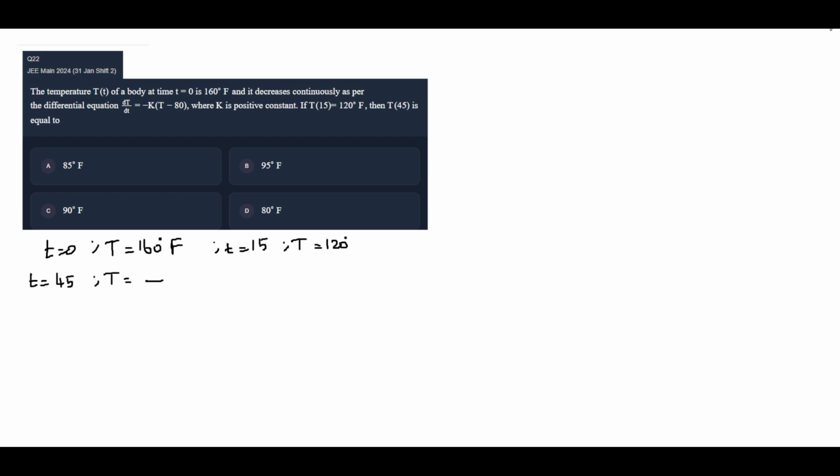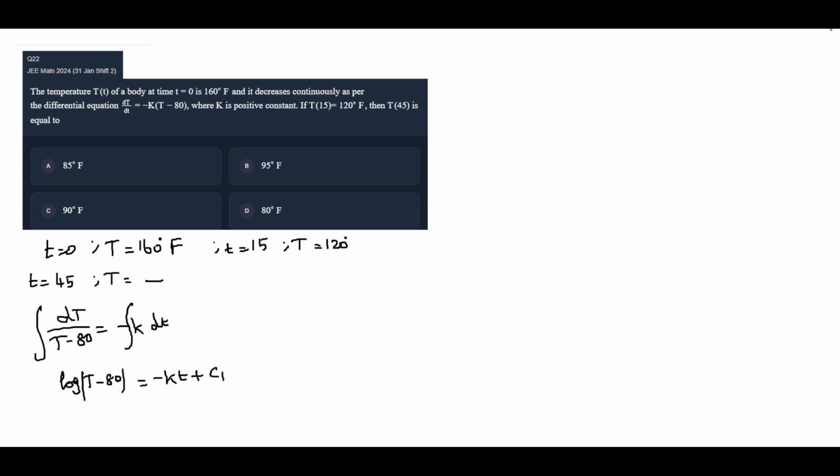So now using the equation dT by T minus 80, which is equal to minus k dt. Integrate this. So log of T minus 80 is equal to minus kt plus c1.